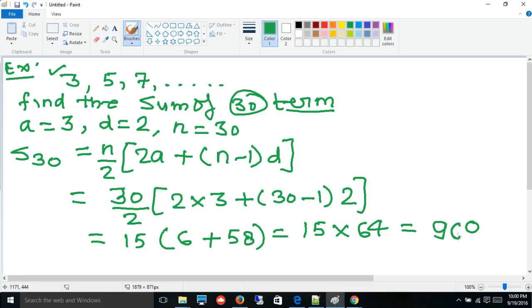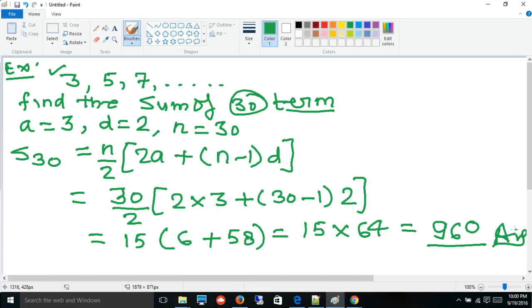So you will get 960. Okay, so this is a very simple and straightforward formula question. We have an AP series of 3, 5, 7 and so on, and it is saying find the sum of 30 terms.